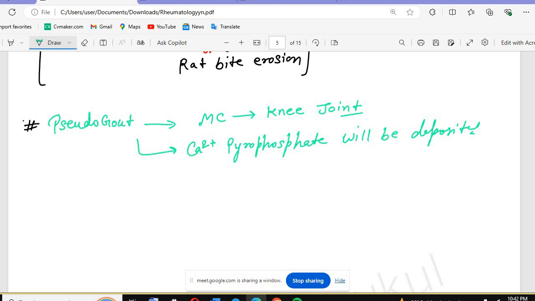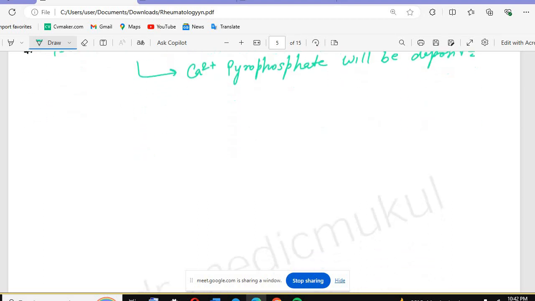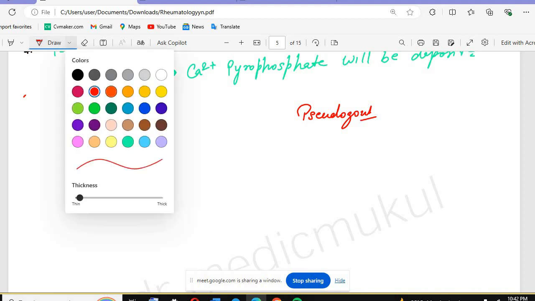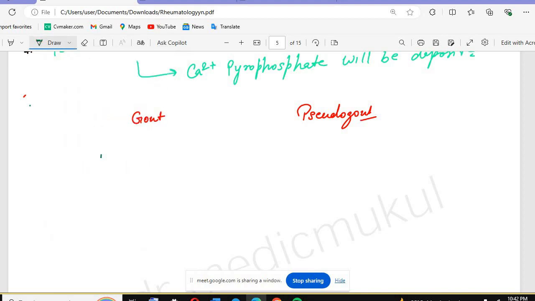If you want to write the difference between gout and pseudo gout, you can write it here. In gout, there will be deposition of monosodium urate crystals. While in pseudo gout, as we just talked about, it is calcium pyrophosphate.